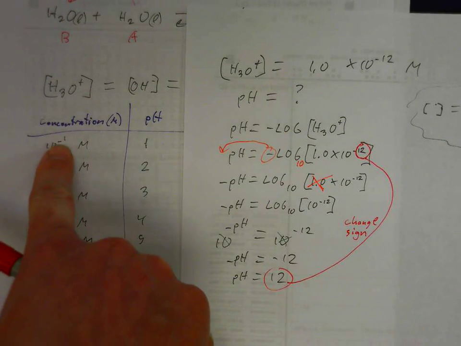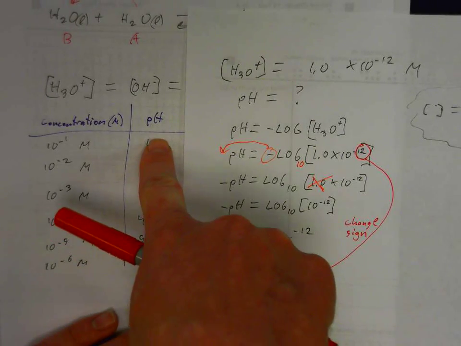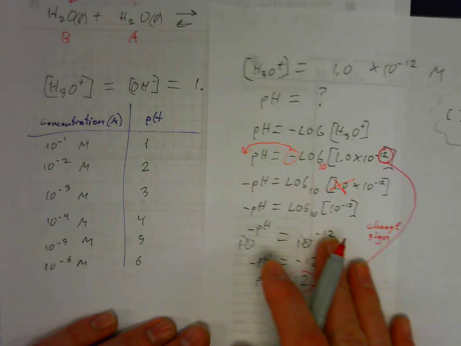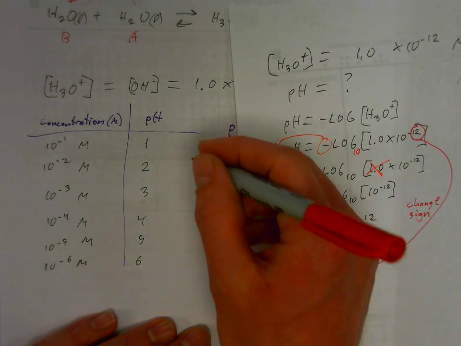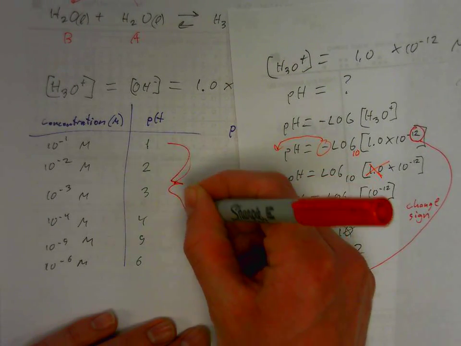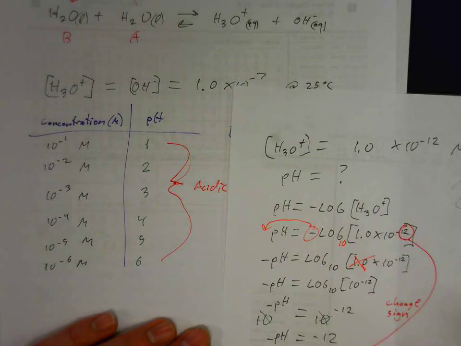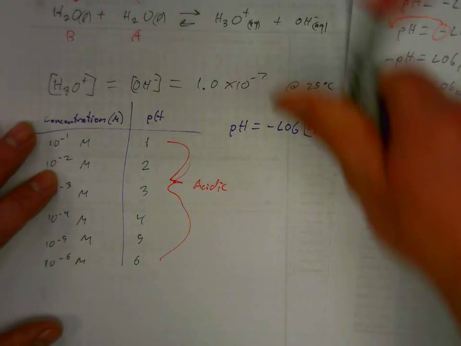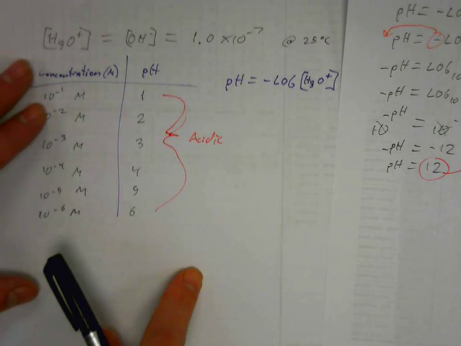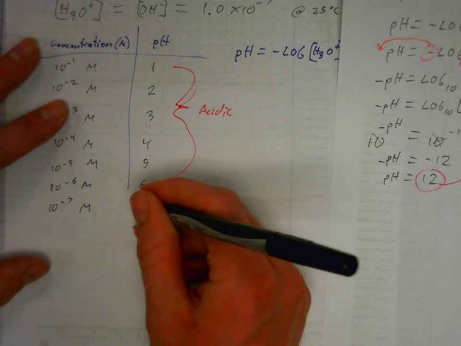So we notice then that acidic solutions are less than 7. When the solution is right at 7, 10 to the negative 7th, the pH is 7, so this is neutral.